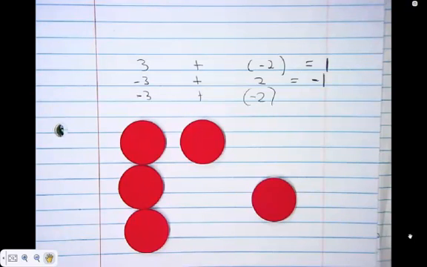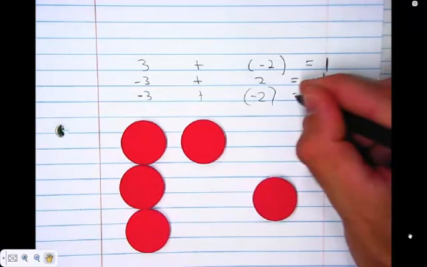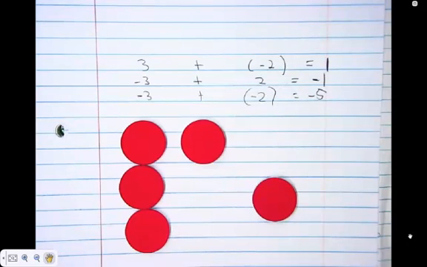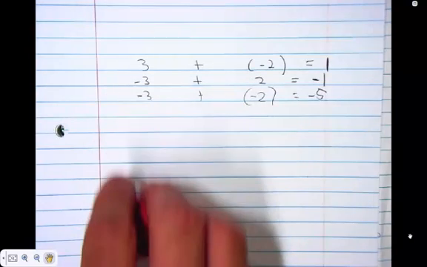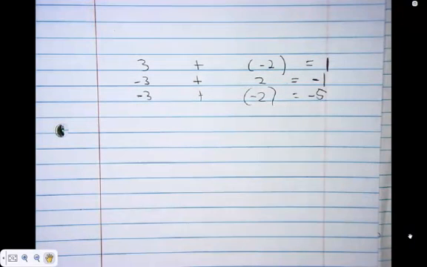They stay. They're friends. They're on the same side. They're the same color. So they stay. So your answer for this one would just be negative 5. Okay? Are there any questions so far?